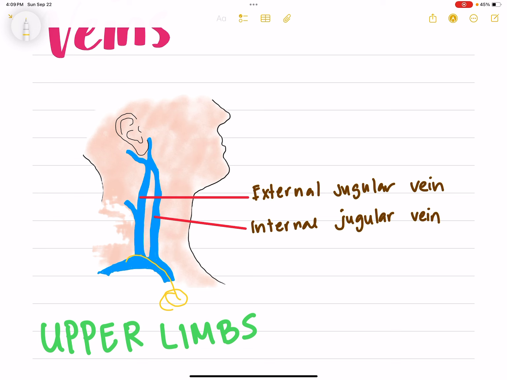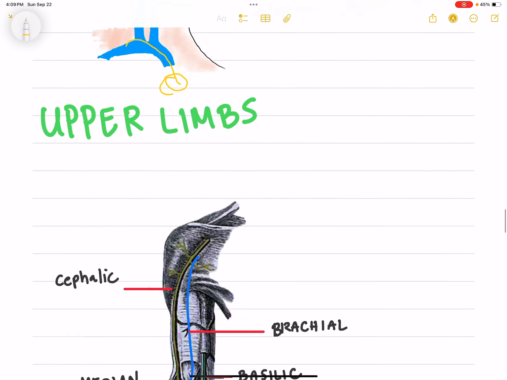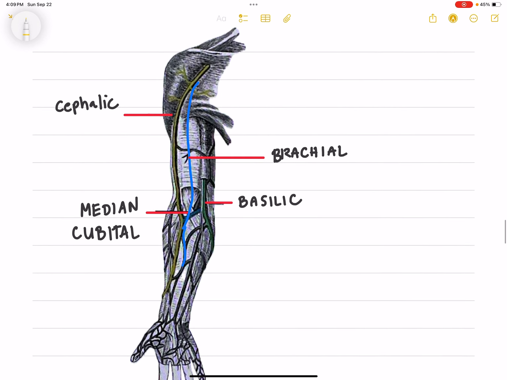Ang internal jugular vein naman is carry blood from brain and anterior head, face, and neck, join the subclavian veins. So, sa upper limbs, so we have here the cephalic vein. So, it empties into axillary vein and basilic vein.